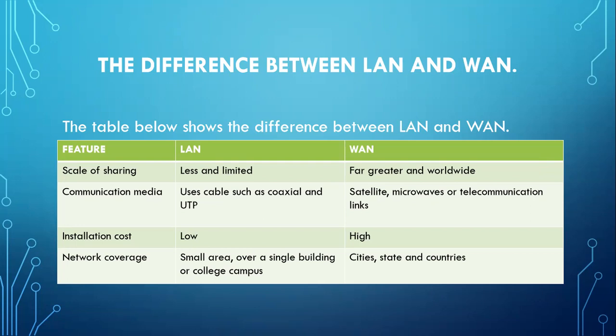As we said, the local area network covers a small area, for example a single building or college campus, while the wide area network covers a large area, cities, states, countries, or worldwide. So these are a few of the differences between the local area network and the wide area network.